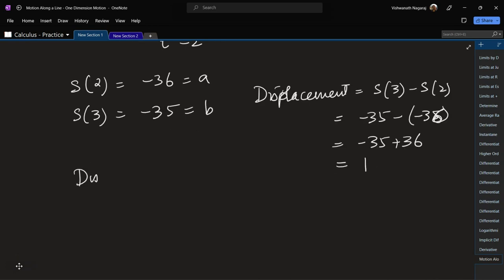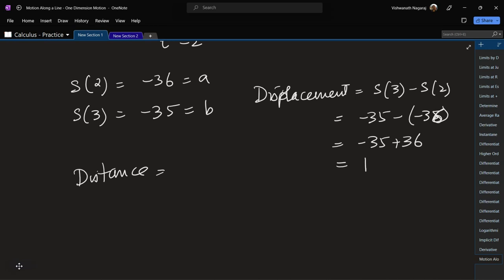Okay. Now what about the distance? Now intuitively we know that the distance is also going to be 1. Why? Because there is no change in direction. So displacement and distance remain the same if there is no change in direction in a one dimension motion. But still, let's evaluate it.